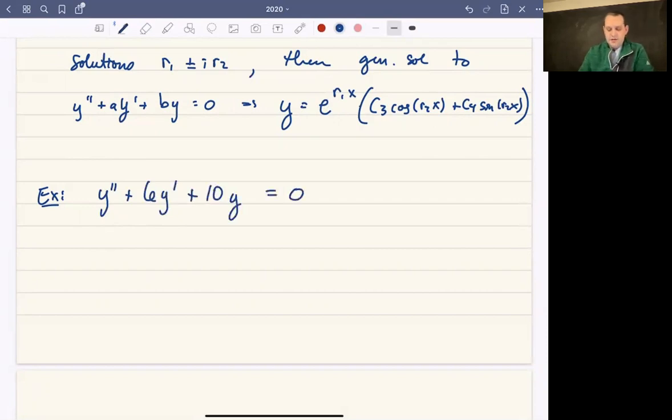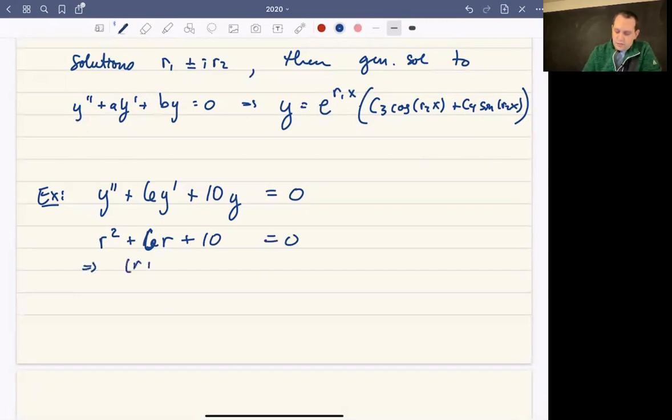Then what's going to happen is you're going to have to look at the equation r squared plus 6r plus 10 equals 0. And it turns out that the quickest way to do this is to complete the square.